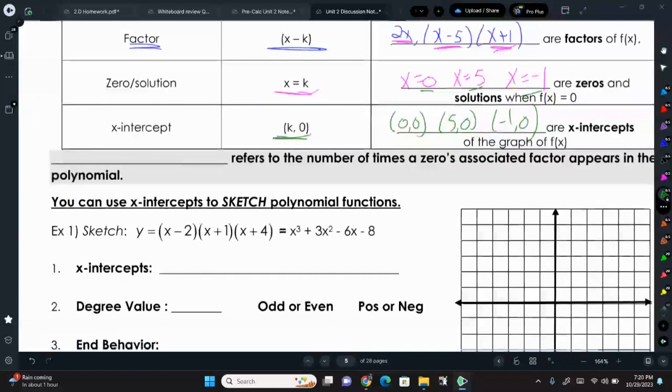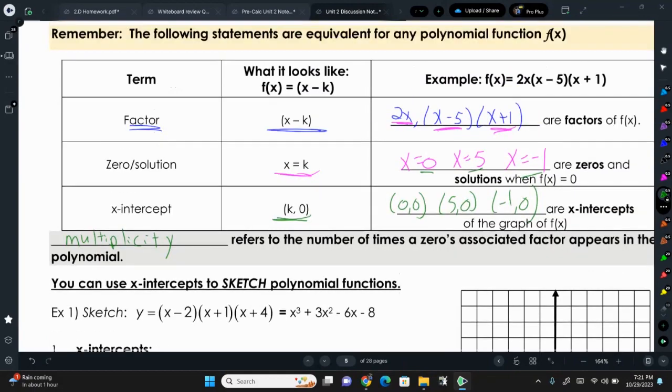Another term that we're going to start talking about is multiplicity. Multiplicity refers to the number of times a zero or a factor appears in a polynomial. Most of the time we have multiplicities of 1 because we just have one factor of that.